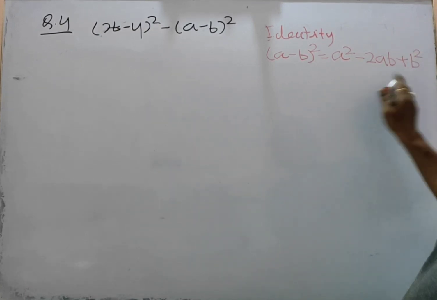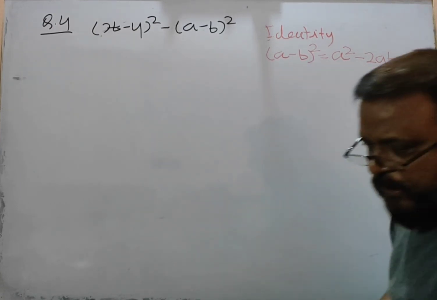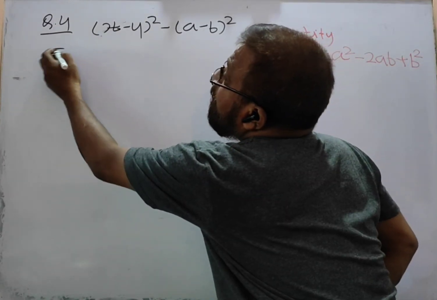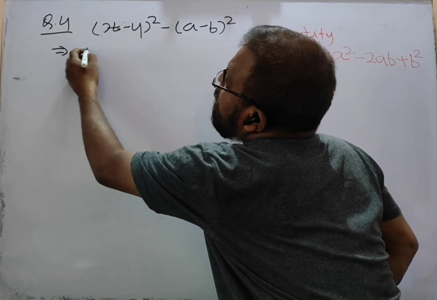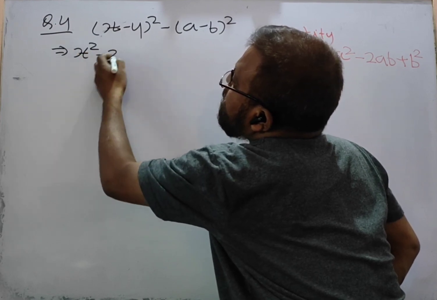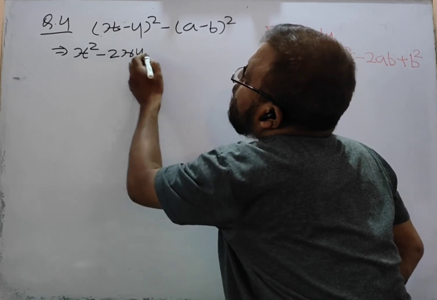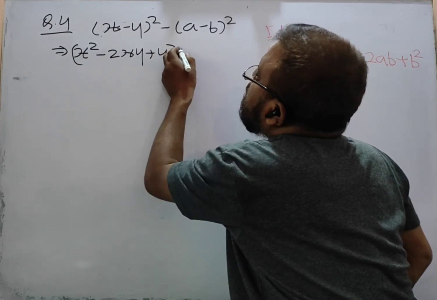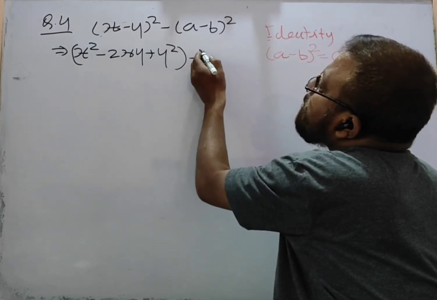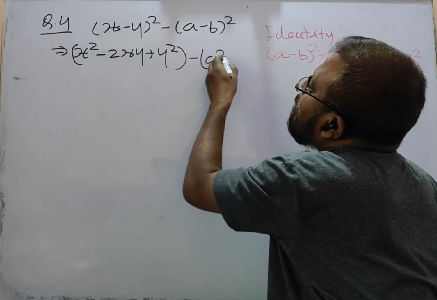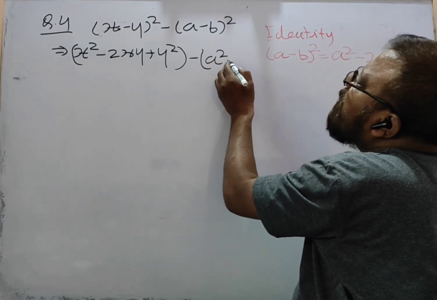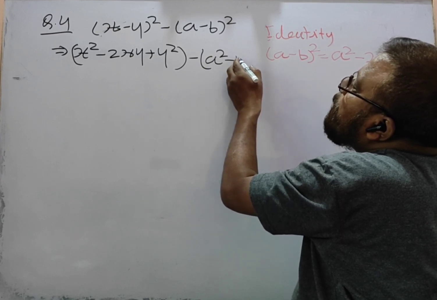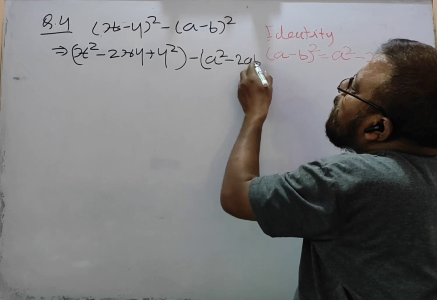So in this manner we expand all this. We get x square minus 2xy plus y square, right? Minus a square minus 2ab plus b square.